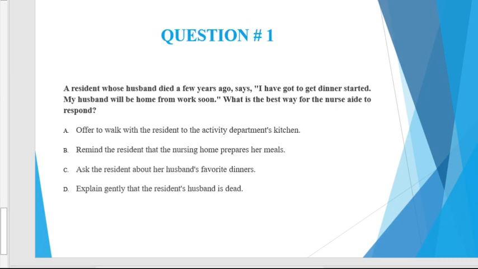So you say, ask the resident about her husband's favorite dinner. Therapeutic communication. You don't want to tell this person that the husband is dead or take her to the kitchen to start preparing dinner for the late husband. I don't know who will do that. Encourage that person to talk about the husband or about the food that she prepares for the husband.